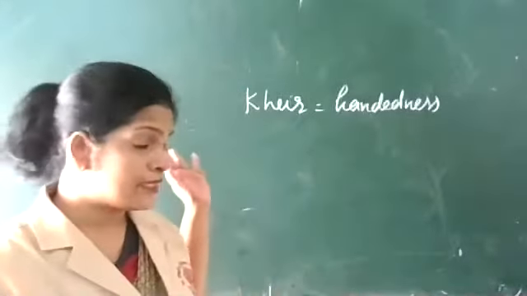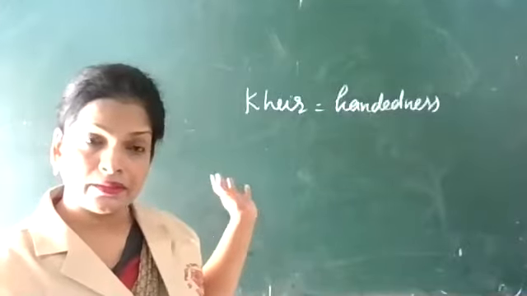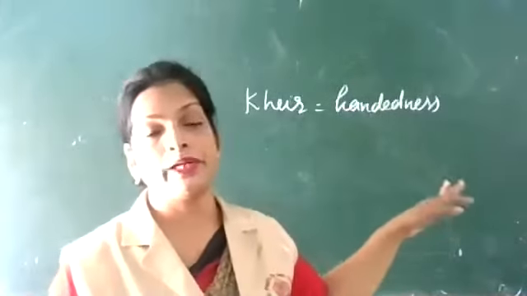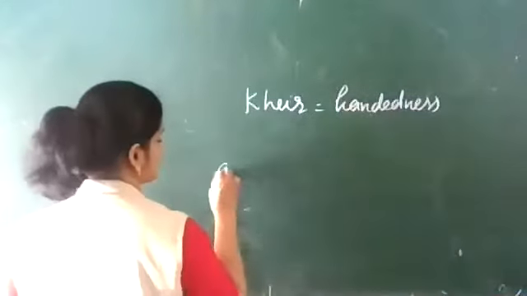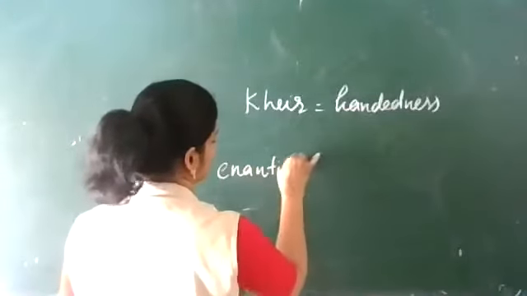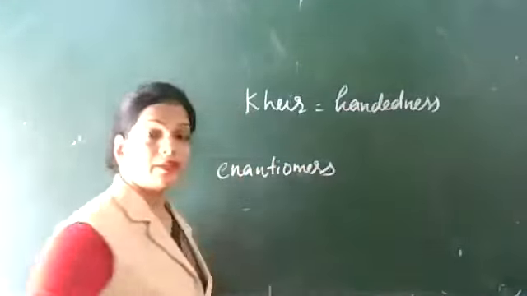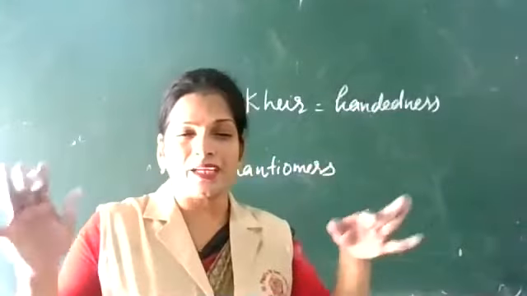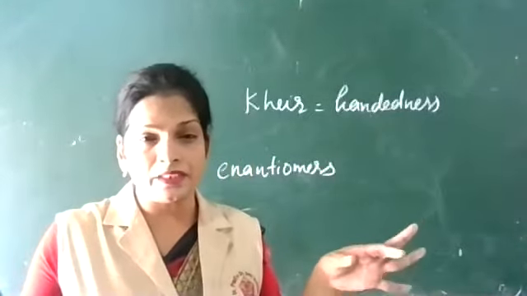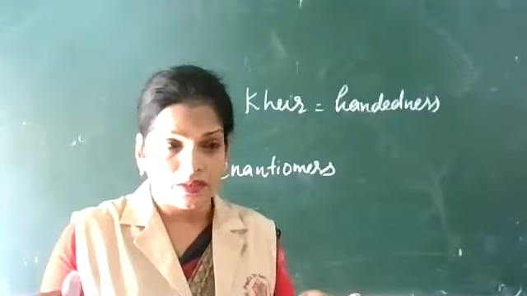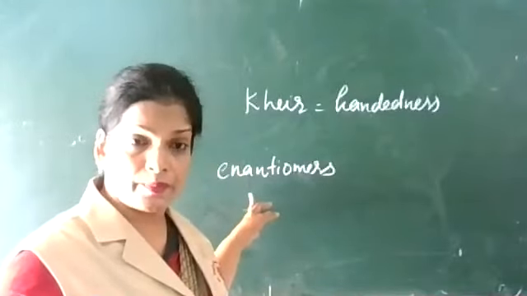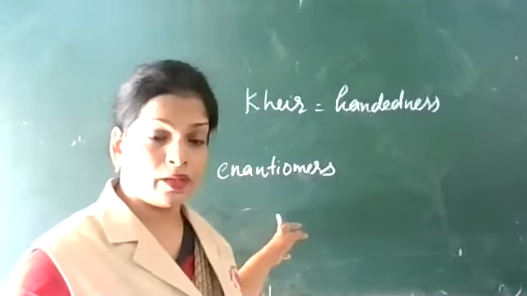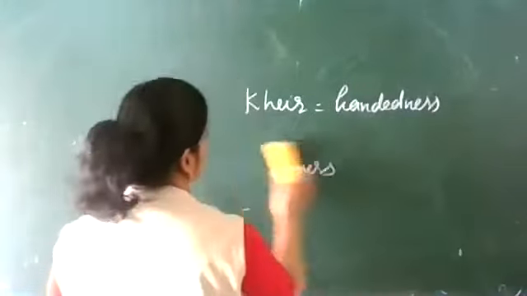So dextrorotatory is called the plus isomer, laevorotatory is called the minus isomer. Both are called enantiomers. Enantiomers are object and mirror images of a compound which are non-superimposable on each other.